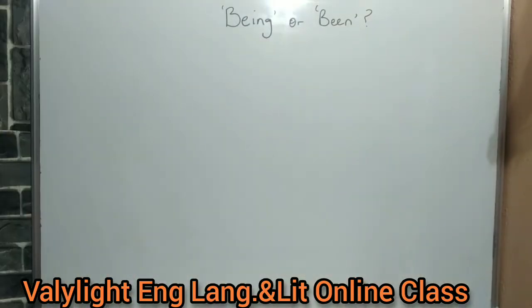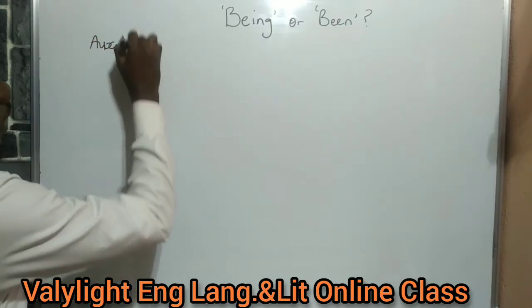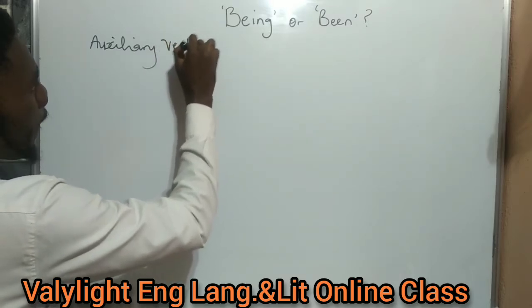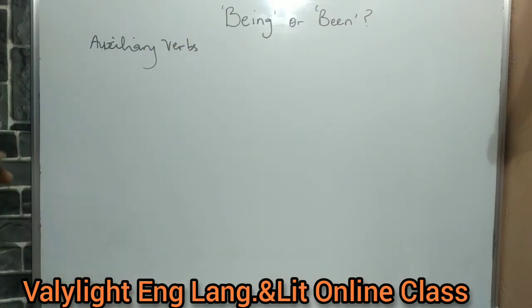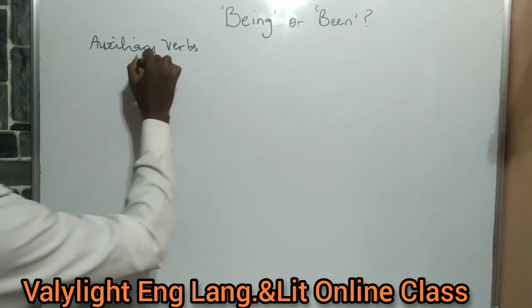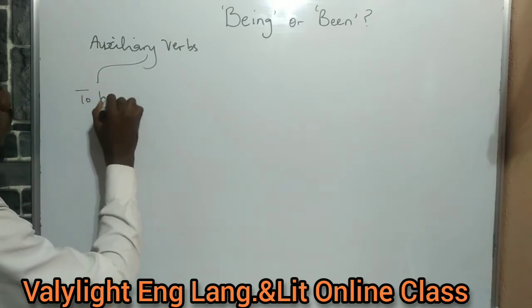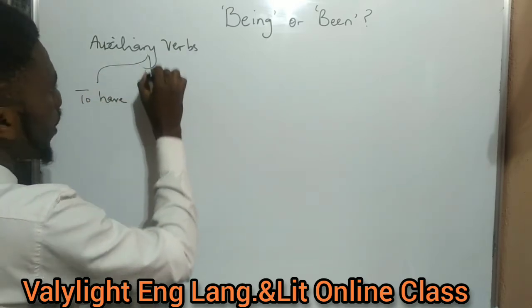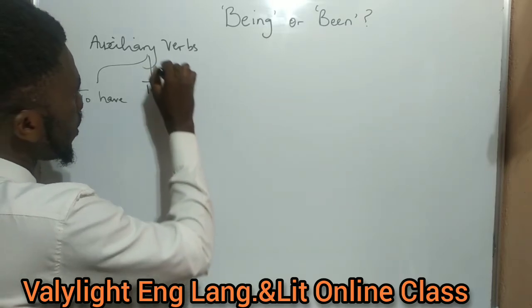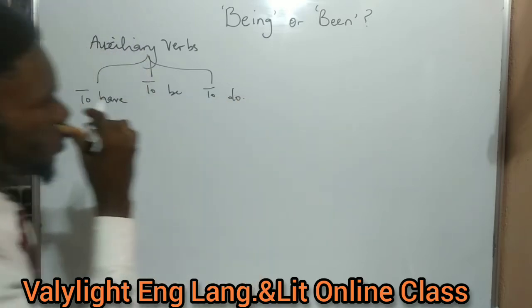First of all, you should know that both belong to something known as the auxiliary verbs. The both of them belong to the same place. They are auxiliary verbs. Under the auxiliary verbs, we have verbs to have, we have verbs to be, we have verbs to do.